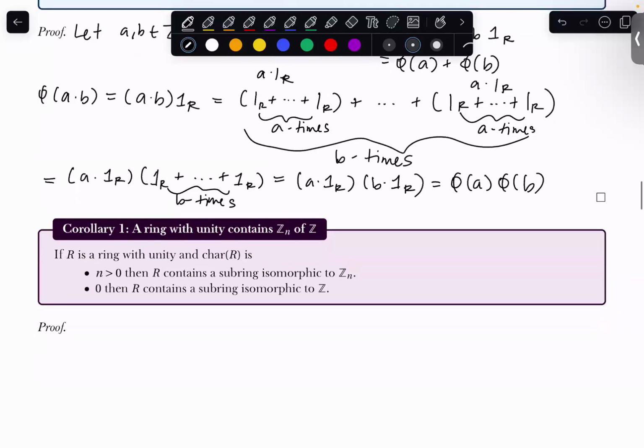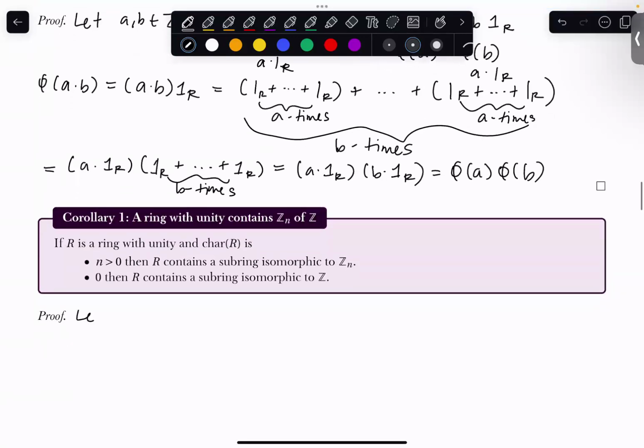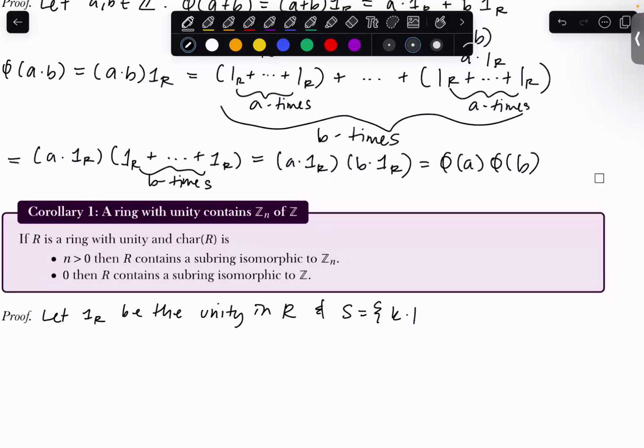Okay, so again, we're assuming we have a ring with unity. What we're going to do is look at the set S, where I want to add one to itself any number of times.